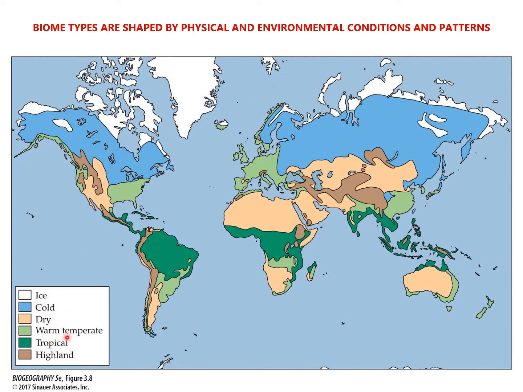So you can see that transition in both hemispheres as you move away from the equator. That's one of the most common patterns in biogeography, this latitudinal pattern of decreasing temperature and shifts in corresponding vegetation and overall biome types.